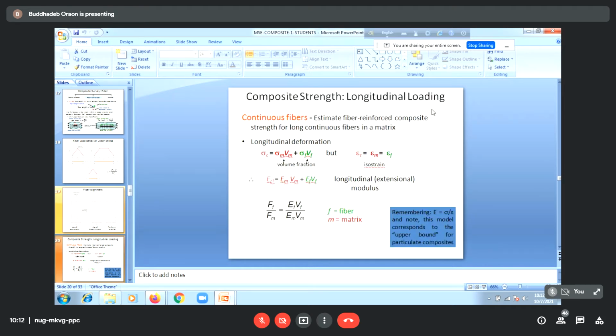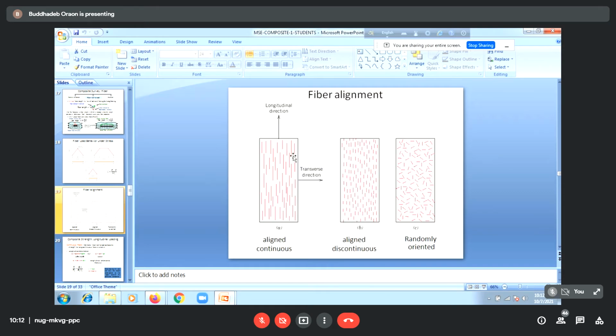Next is the mathematical expression of some of the important mechanical properties. As we can see in this slide, load can be applied in the longitudinal direction as well as the transverse direction.